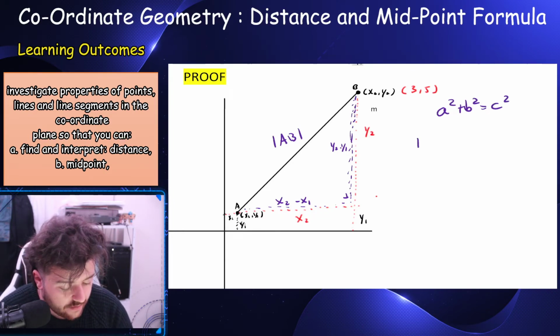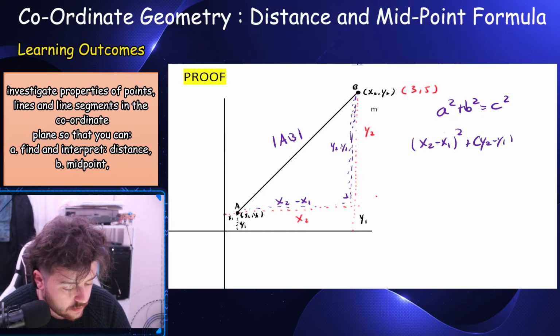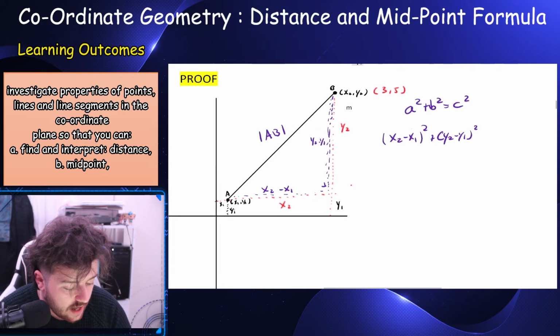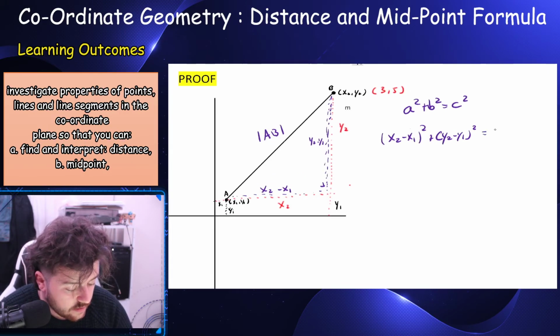So a squared, I'm going to call it x2 minus x1, squared. B, the length of this side, is y2 minus y1, squared. And then c is going to be equal to the length of AB, squared.